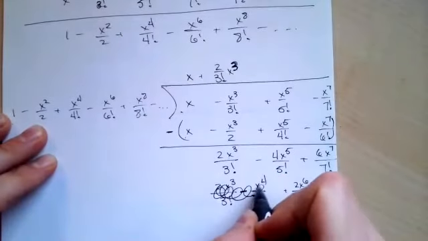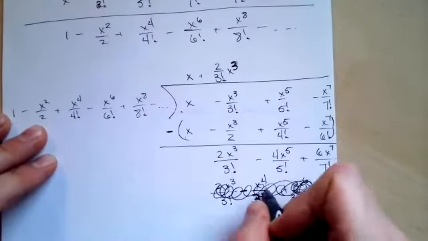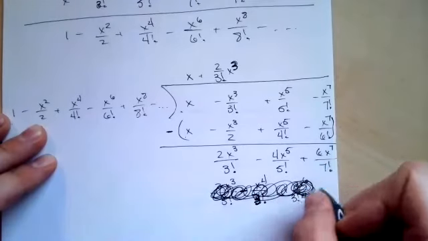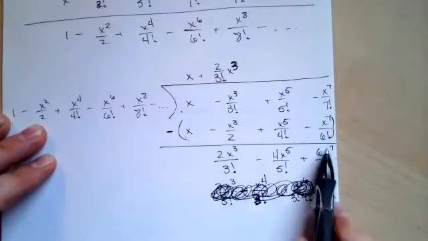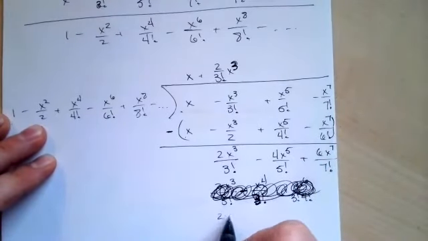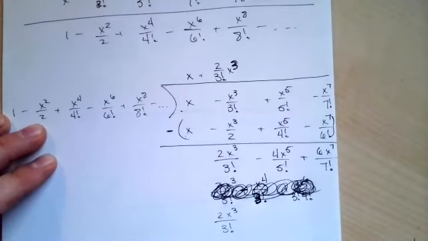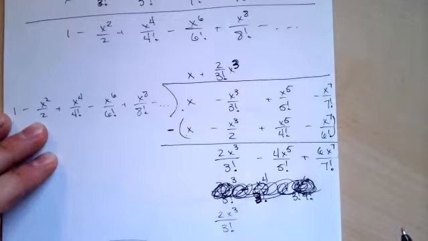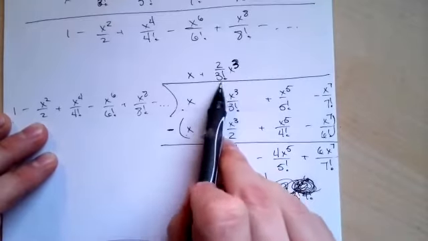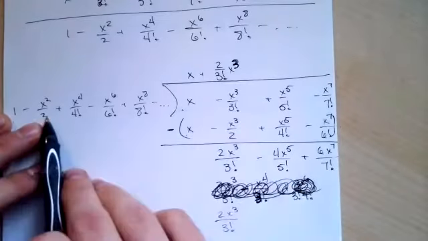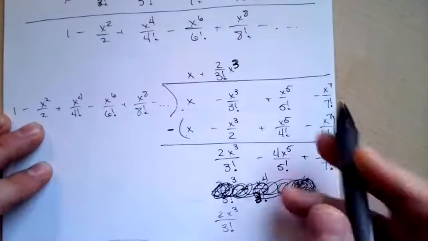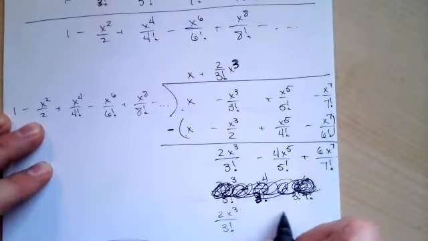Let's erase this row and just try to line things up now, because these should cancel. We have a 2x cubed over 3 factorial. Now we take 2 over 3 factorial x cubed times this guy, which will give us x to the 5th over 3 factorial.